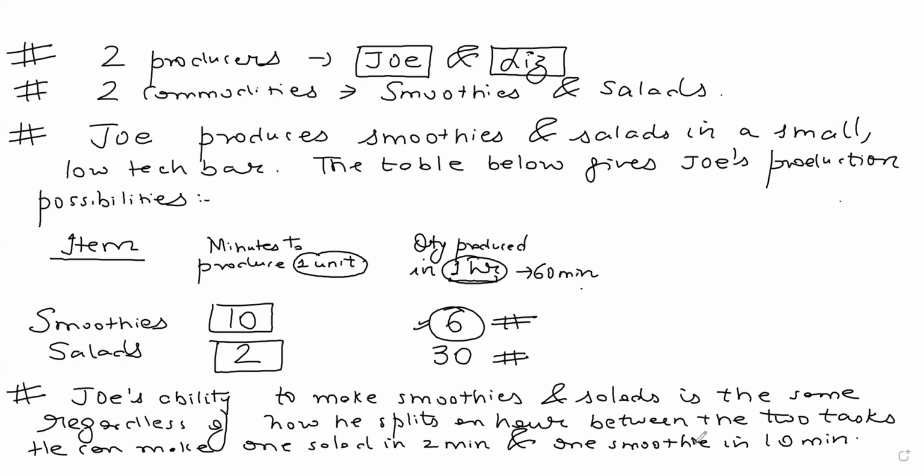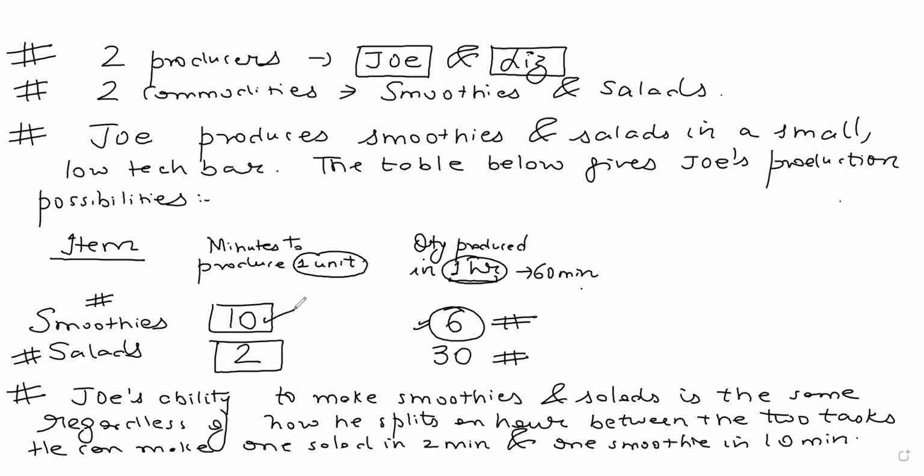So for every smoothie Joe produces, how many salads will he have to give up? Understand this. For every smoothie Joe produces, he takes 10 minutes.